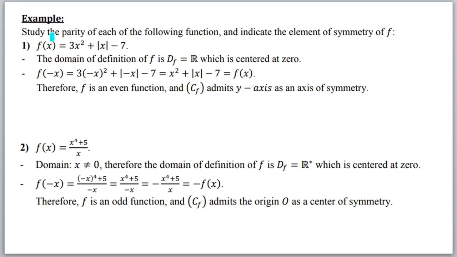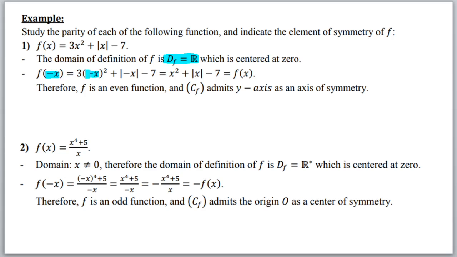Example مثلا, study the parity of each function. خلينا ناخذ هيدا الفانكشن 3x squared plus absolute x minus 7. كمان example على السريع. أول شيء domain of definition هو R. ليه؟ لأنه هو ما في fractions، ما في radicals، ما في أي شيء بيمنع أي value للx. أي value للx هون بيكون هو valid، يعني ولا شيء ممنوع. أوكي؟ طيب. Let's get f of minus x.